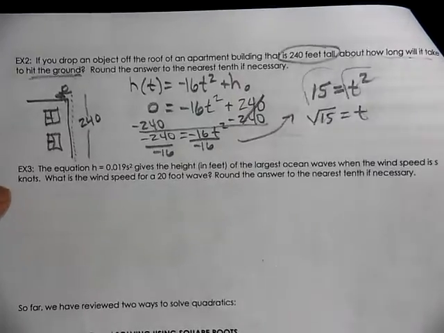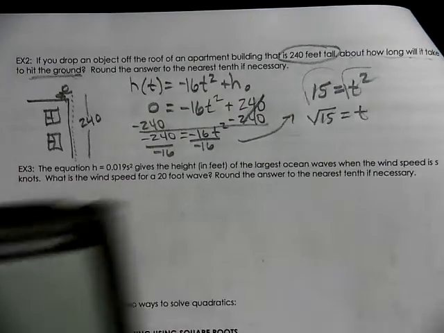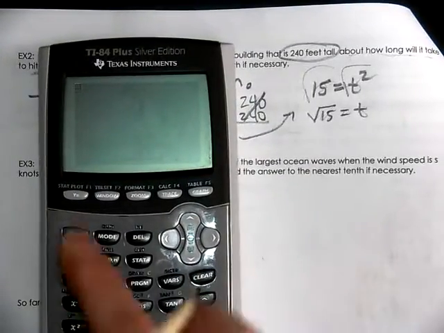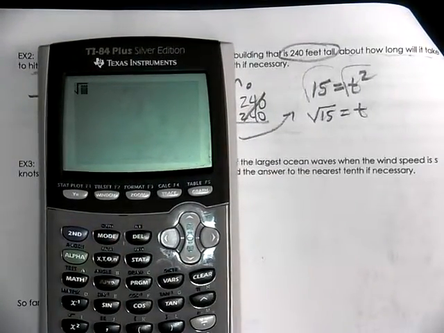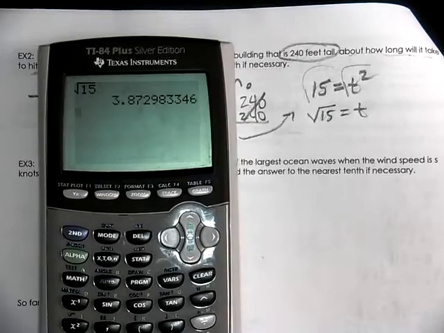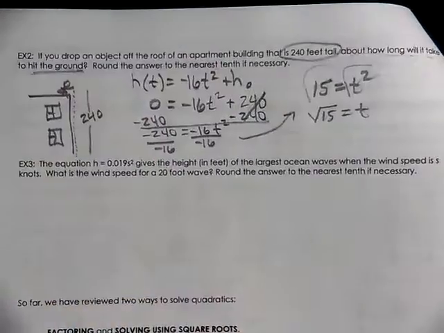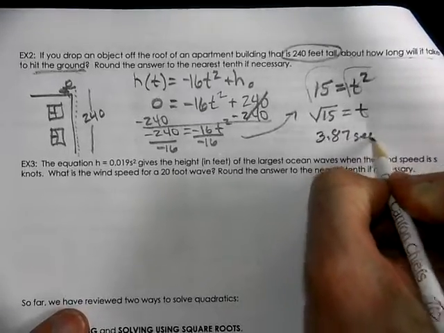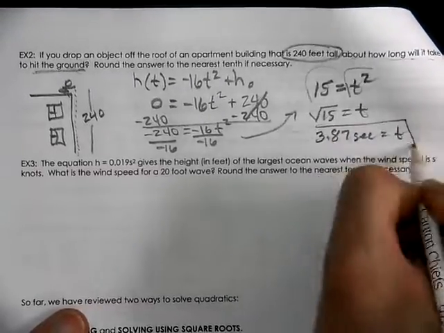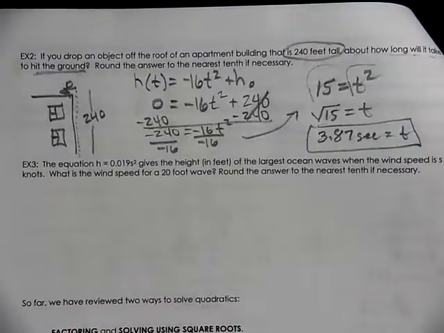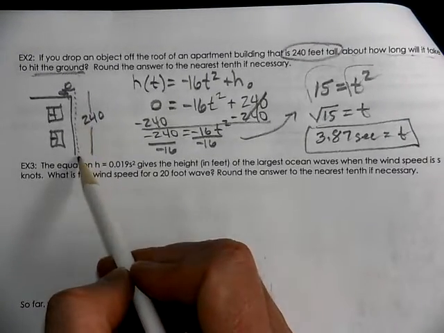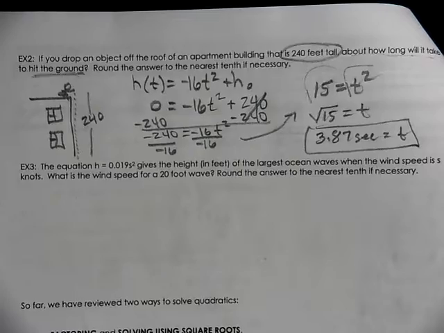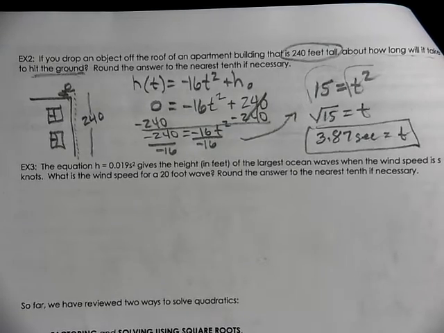So it's really the square root of 15 seconds, which is 3.87. So 3.87 seconds is how long it would take for the item to drop 240 feet, assuming that you didn't have any air resistance on your object.